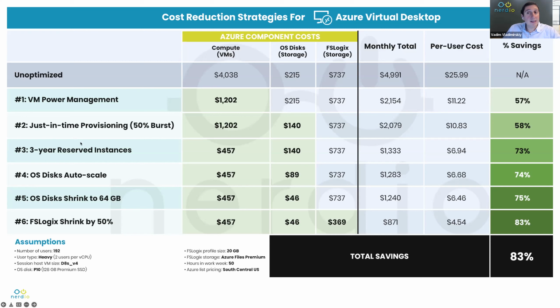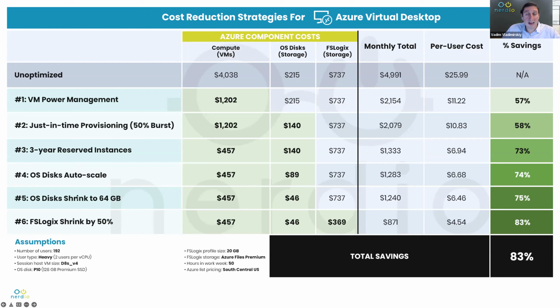Reserved instance analytics absolutely applies to personal desktops and is a great use case, even better than for pooled desktops. Operating system disk autoscale is much more impactful for personal host pools because there are just more disks in that environment, since each VM is relatively small. So the ratio between the storage cost and the compute cost is actually higher, and the impact of savings is high.